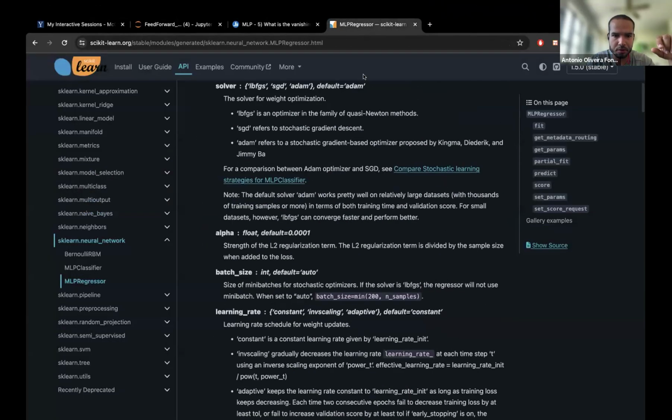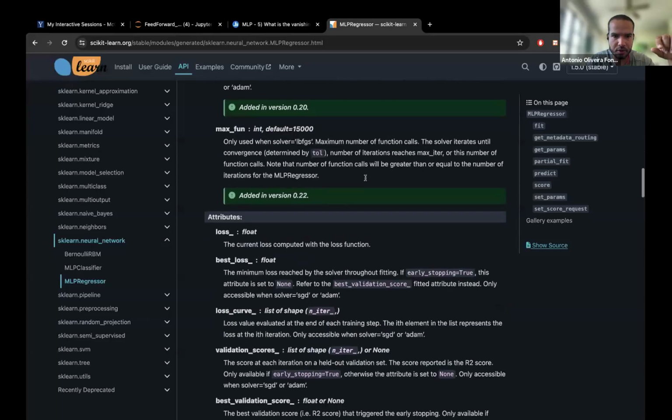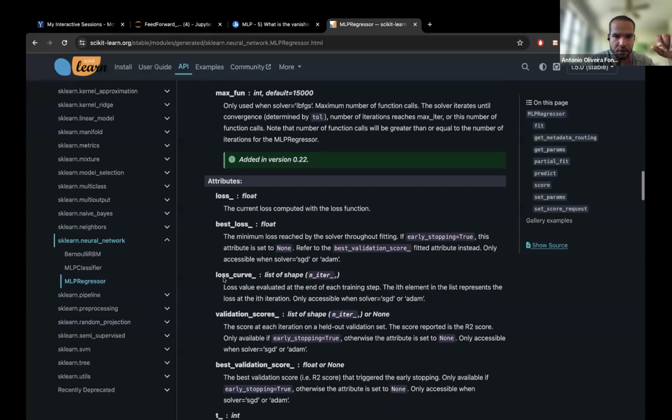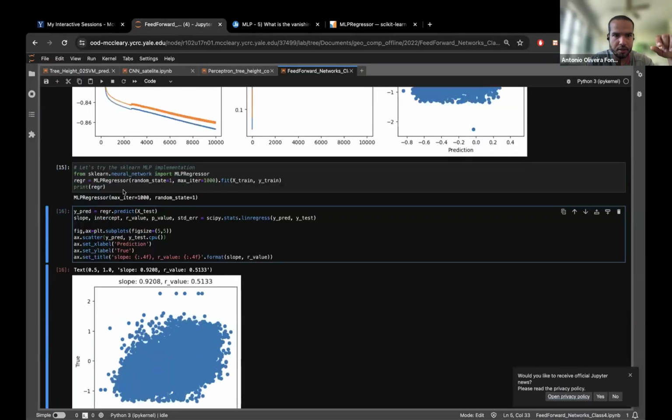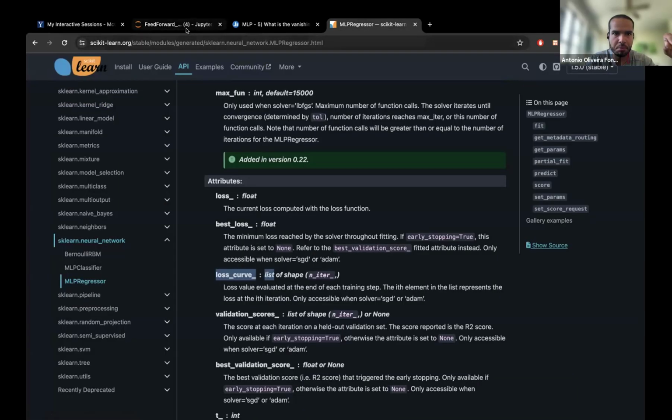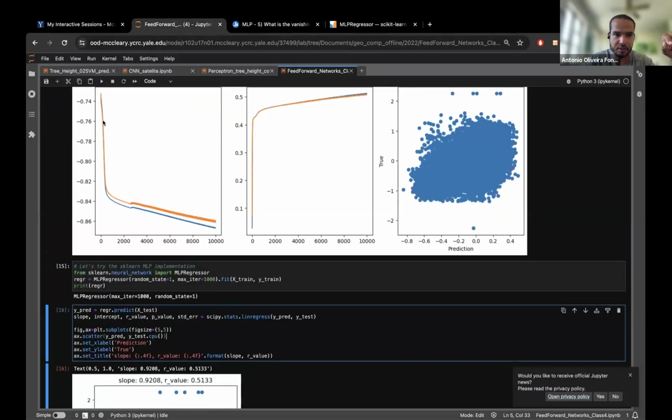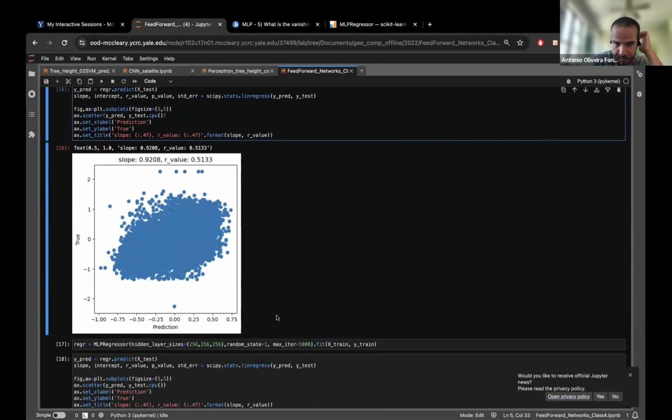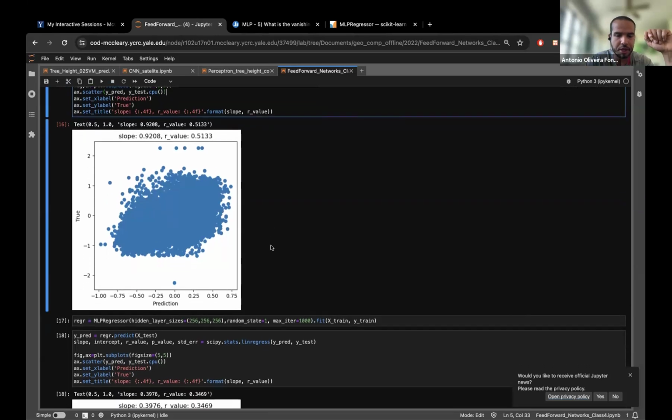For example, one of the objects returned from the training is the loss curve. If you call loss curve on this regressor that you just fit, you obtain plot vectors that give you the same information that we obtained through my training script, right?